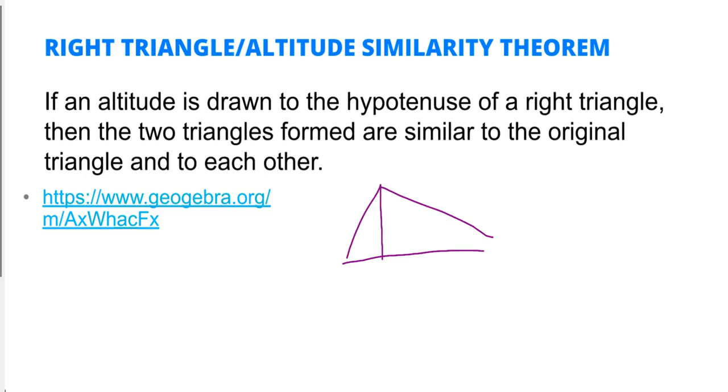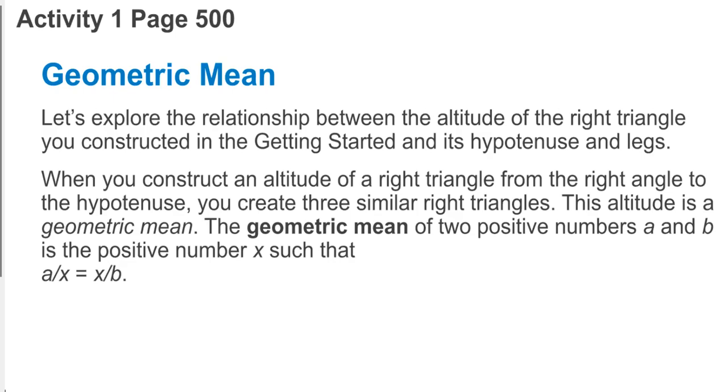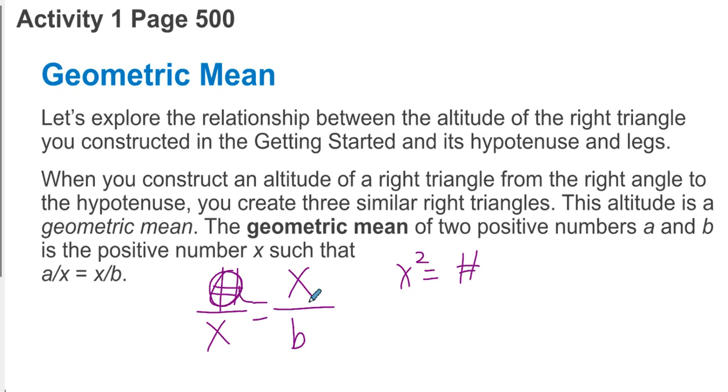So the geometric mean is a term, and we're going to use it when we have altitudes and right triangles. But essentially, if I have a over x equals x over b, and I solve this, I would cross multiply and get x squared equals a times b.